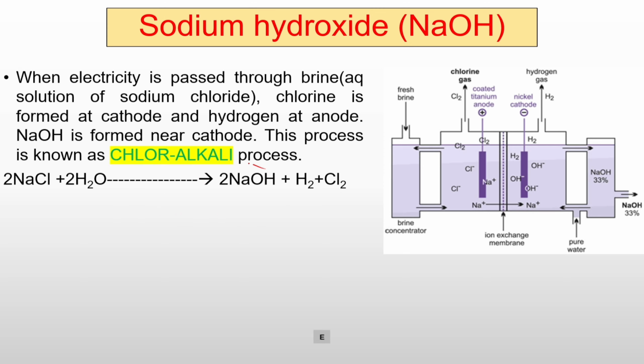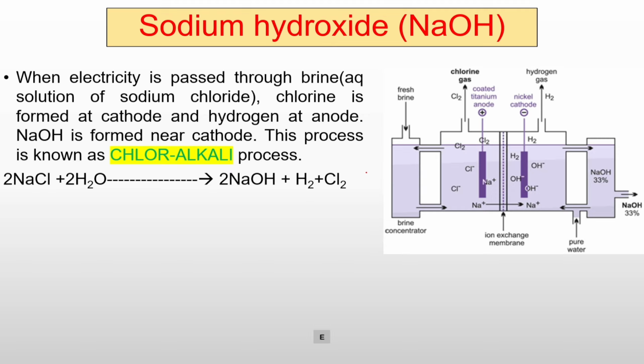That is why the process is called the chlor-alkali process. Using the chlor-alkali process, the main product we get is NaOH, because chlorine is a gas, so it leaves the reaction mixture, and we are left with NaOH. So the chlor-alkali process is a process to synthesize NaOH.